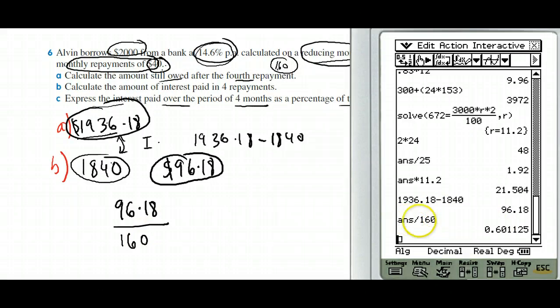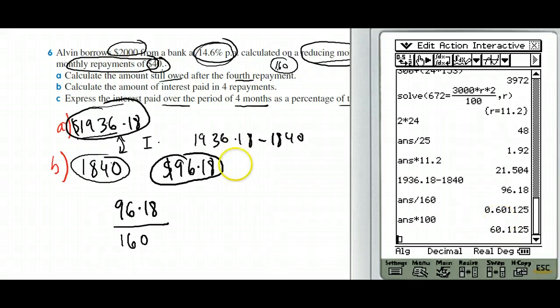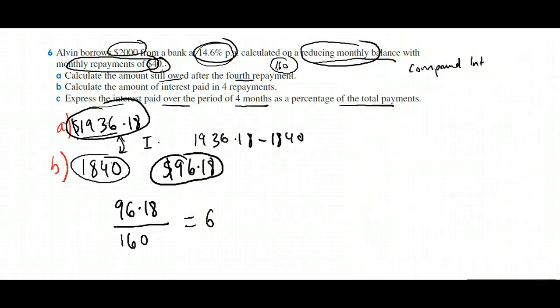So 96.18 divided by 160 gives that. If we multiply that by 100, we get a percentage, 60.12. Sorry, 60.11. That's the amount of interest paid as a percentage of the total payments.